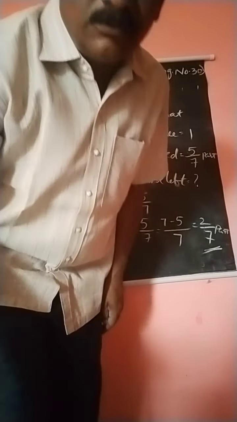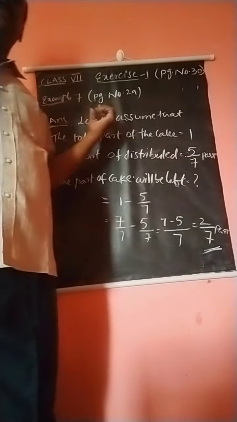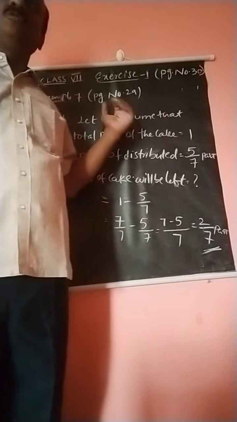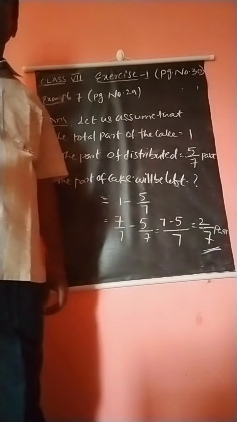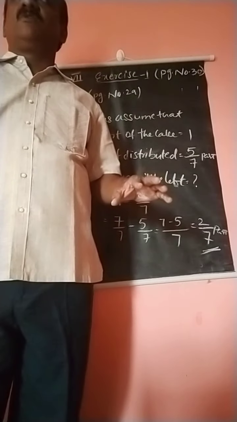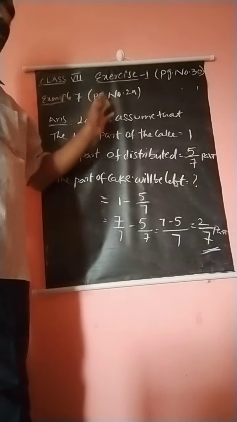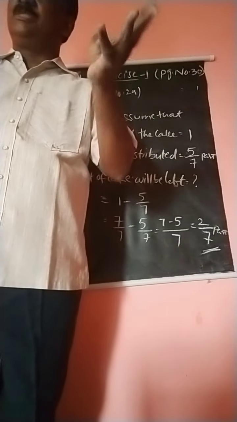Children, here in exercise 1 the 7th problem is a very big problem. I will tell you that in one period, so here there is no time to say it. That's why I am telling you 3 small problems. One is the 5th problem, the recipe problem.